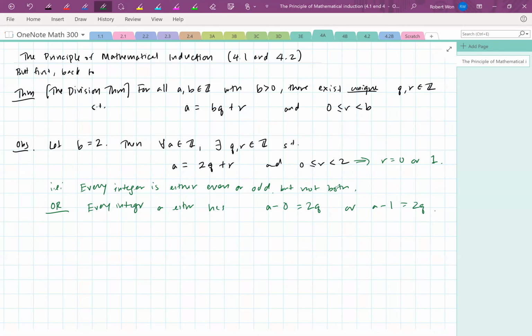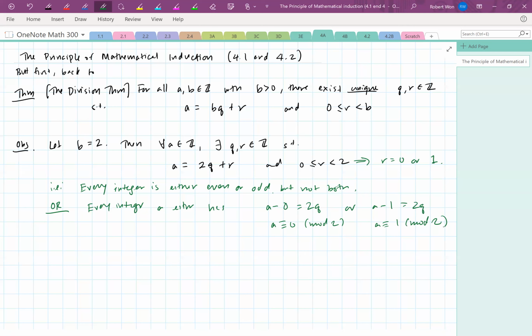Which means what? That either a is congruent to 0 mod 2 or a is congruent to 1 mod 2, which remember is the same thing as saying that a is either even or odd.